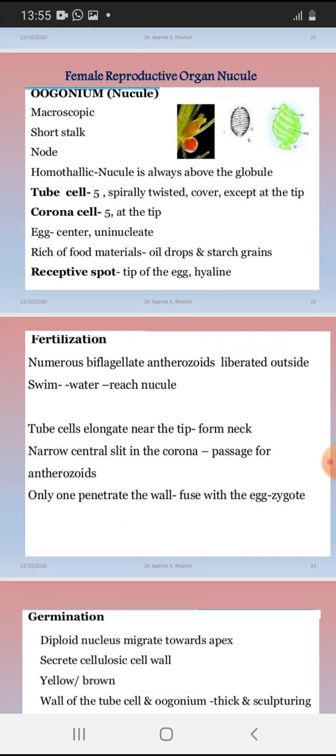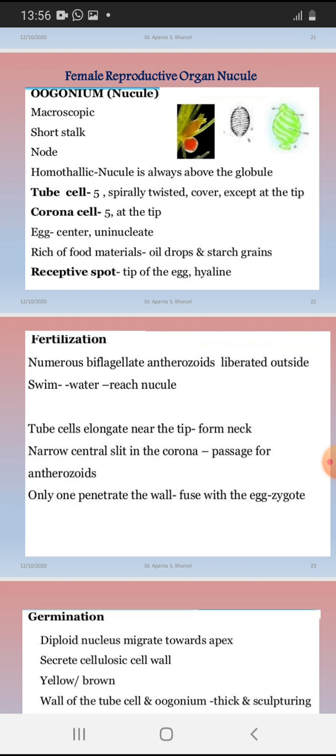Now, during fertilization, a number of biflagellate antherozoid come out of globule, swim in water and reach up to the nucleus. The tube cell of nucleus elongate and form neck. A narrow central slit is present which acts as a passage for antherozoid.